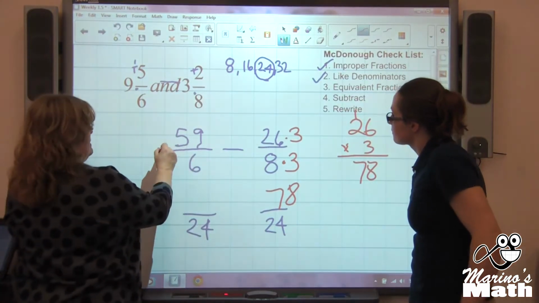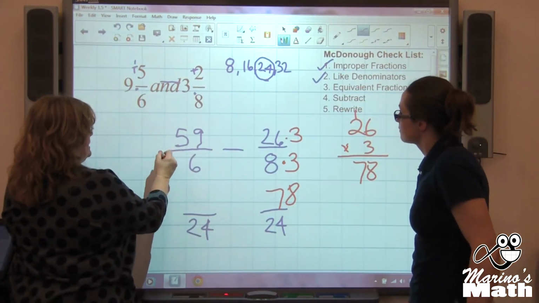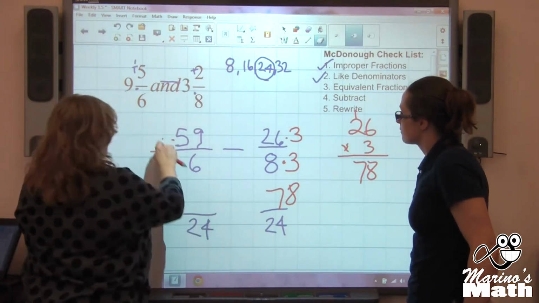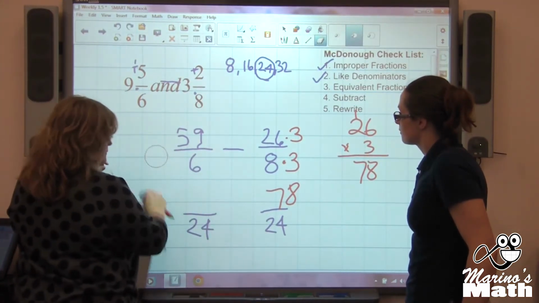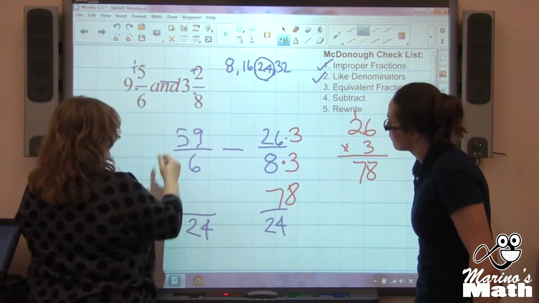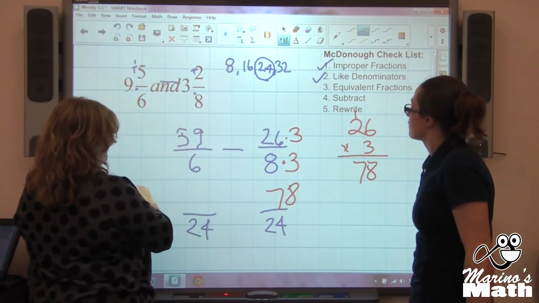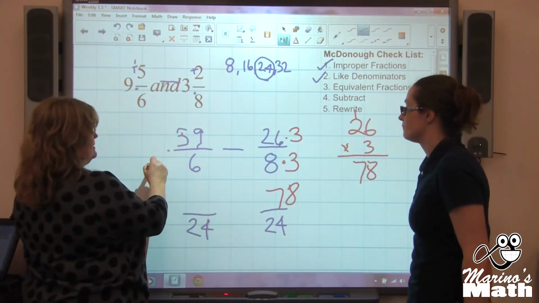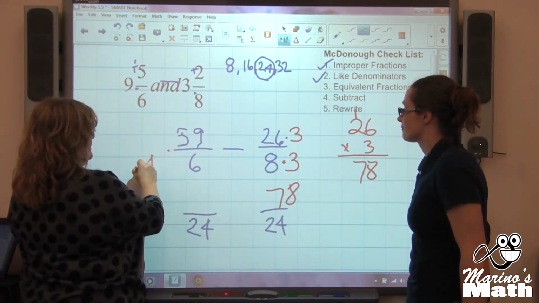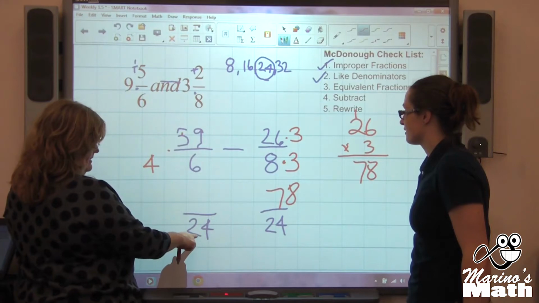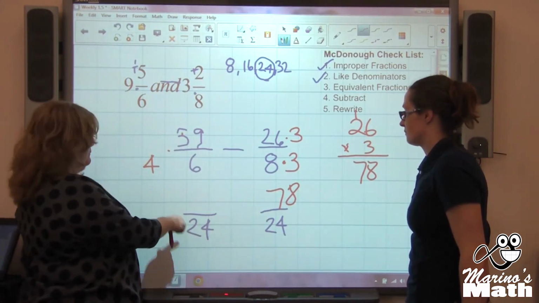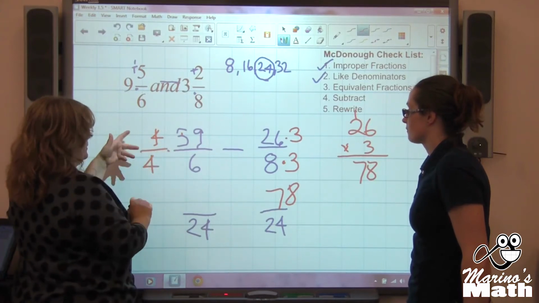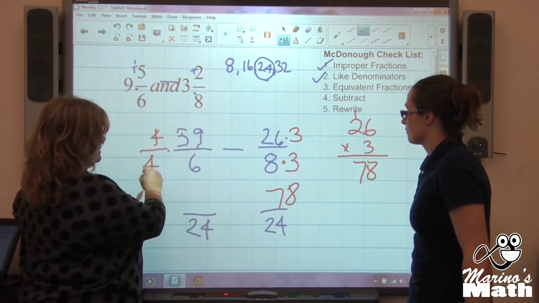And in that same color over here, we're going to have to multiply 59 over 6 by an equivalent fraction. Which would have to be 4 over 4? Yes, there's going to have to be a 4 in the denominator in order to get 24, and we've got to have 4 over 4, so that we're only multiplying the fraction by 1.